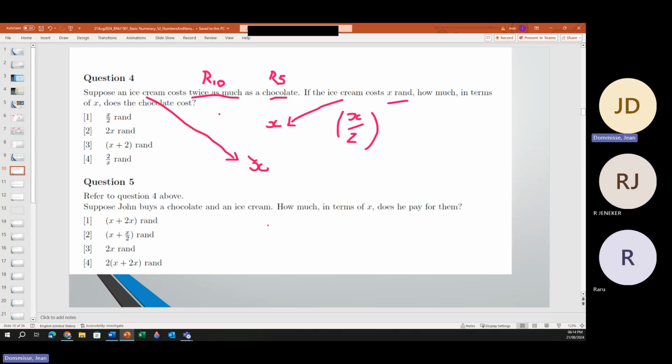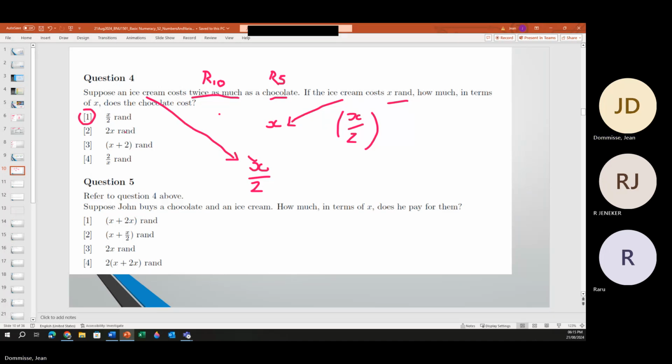So if my ice cream is 10 rand, how do I get from 10 rand to 5 rand? I divide by 2. So if my ice cream was X, to get to the chocolate price, X divided by 2 will give me that answer.